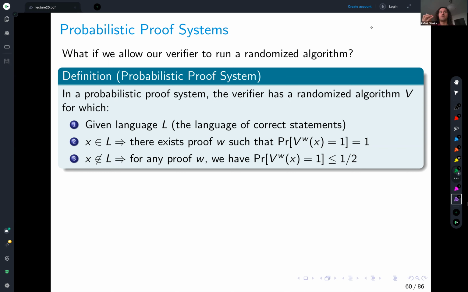So we have a gap here. If X is in the language, there is a proof such that my verifier, even though it's randomized, will always accept. But if X is not in the language, for any proof, my algorithm will output, at least half of the time, that this proof is bogus. We'll be able to catch it, we catch it with high probability. Does that make sense?